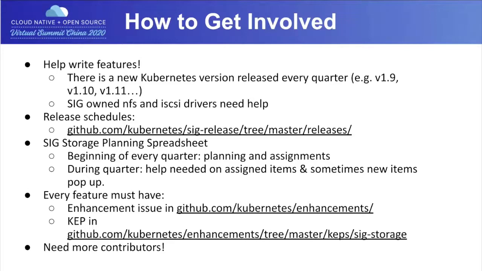So in the beginning of the release, you can come and join our meeting and participate in the planning, and you can see if there are any features you are interested in helping out, and you can get assigned to work on that. Every feature must have an enhancement issue and a CAP, which is a design spec. We definitely need more contributors.